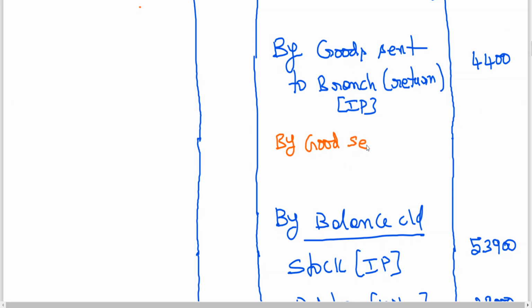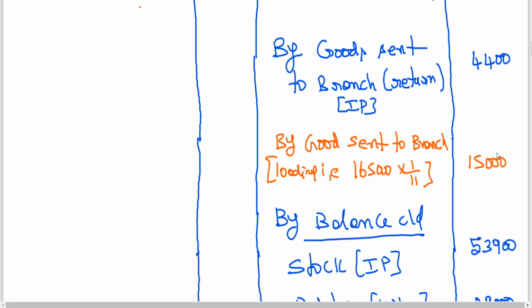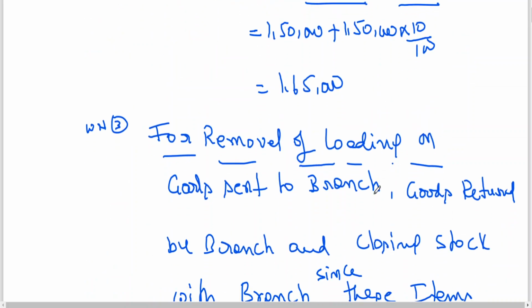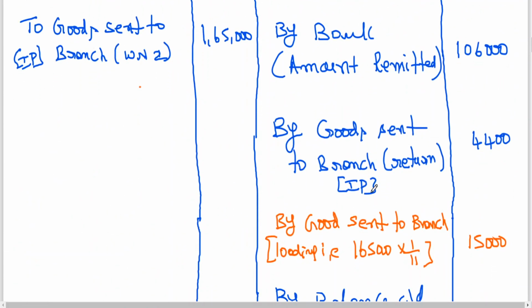By goods sent to branch, loading, that is 1,65,000 into 1 by 11. I have told you already, 1 by 10th of CP is equal to 1 by 11th of invoice price. So 1,65,000 by 11, you are getting 15,000. We have already got it, no? See, there you have working notes number 1. Cost price plus profit, profit is nothing but loading effect.